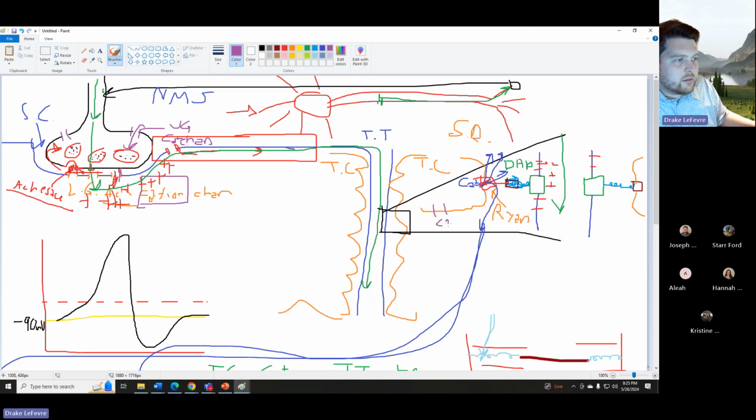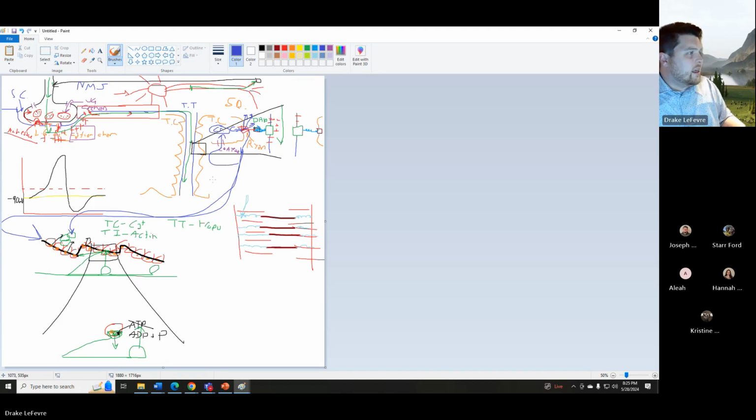These are calcium ATPase pumps, which grab all of the calcium and pump it back into the sarcoplasmic reticulum and store it in a protein called calsequestrin. And that's our whole muscle process.